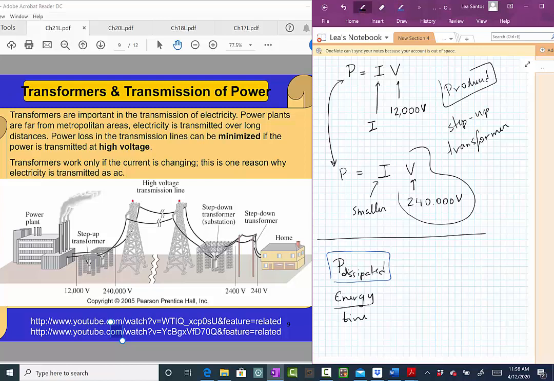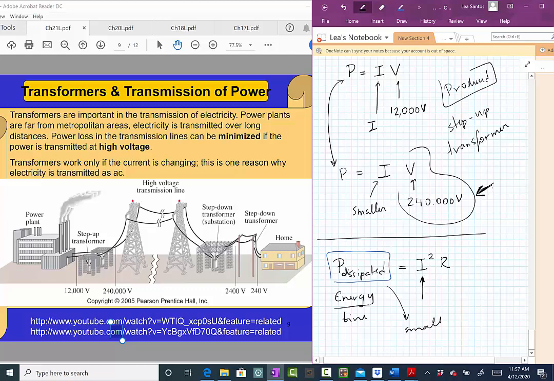And this power dissipated is given by the current squared times the resistance along those lines. Okay, so the resistance is given by those long lines. I cannot change that much, but if I make the current very small, I will guarantee that the power dissipated is also small. Okay, so that's the purpose of doing this step up, of making this potential difference so large.